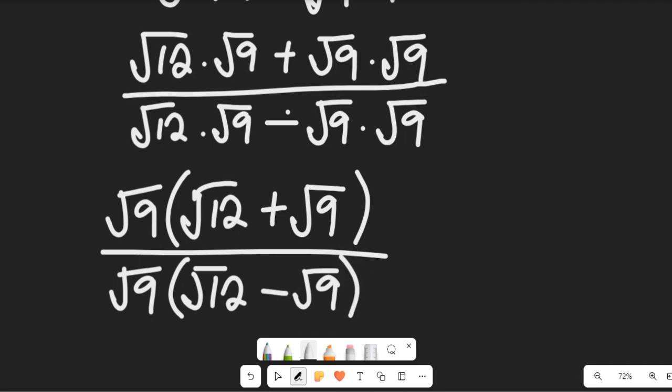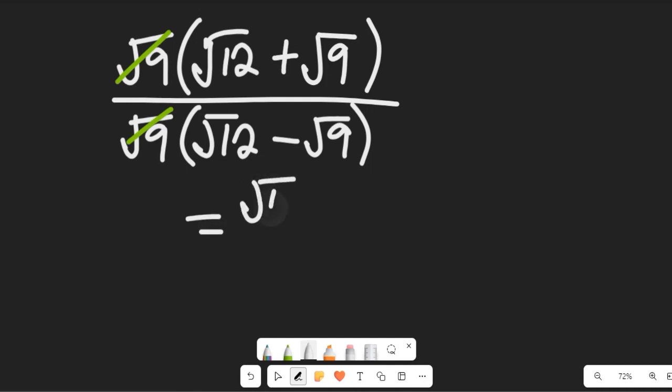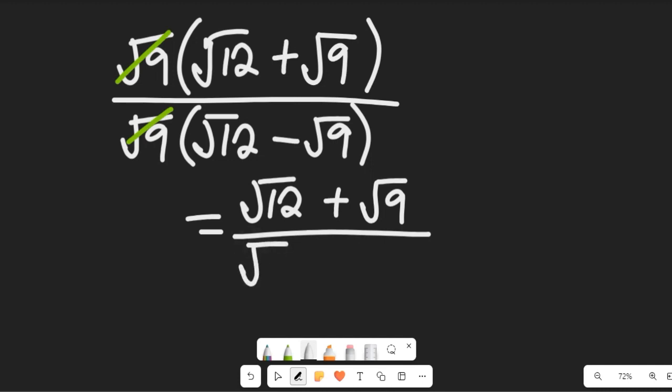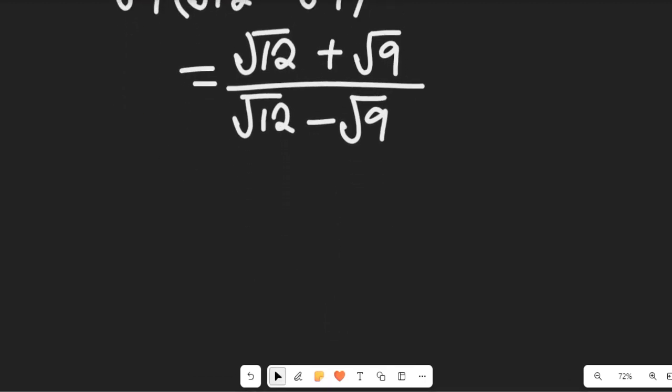So the square root of 9 clears the square root of 9, and we are left with the square root of 12 plus the square root of 9, divided by the square root of 12 minus the square root of 9. So we have simplified this expression to this term.